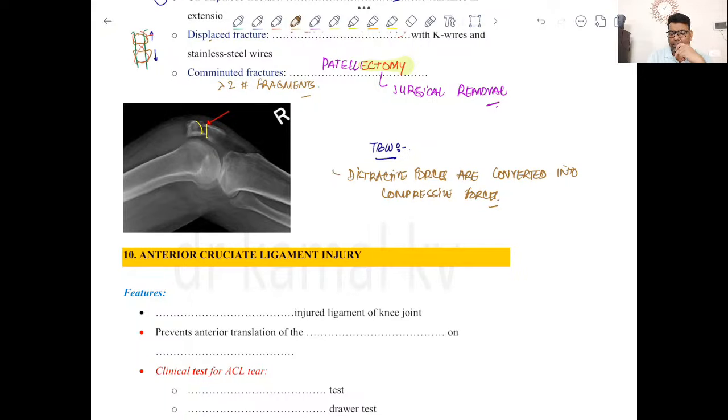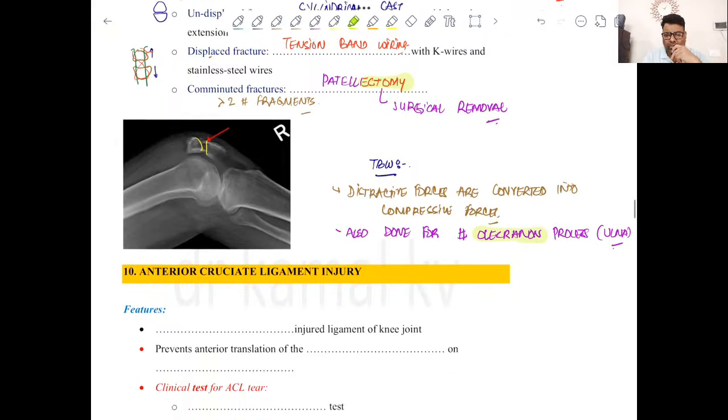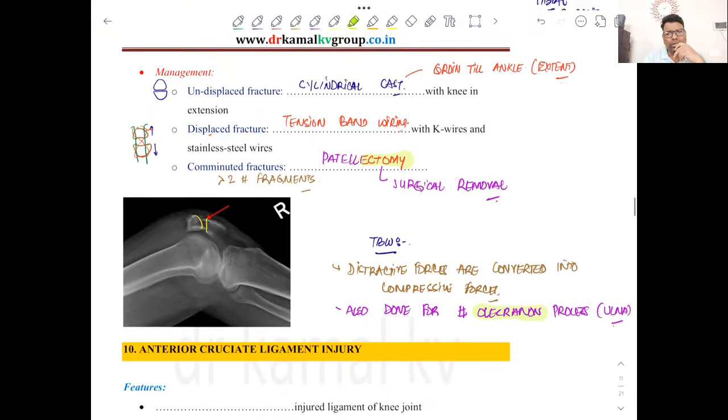So distractive forces are converted into compressive forces, and this is also done for fractures of the olecranon process of the ulna. Clear? We can also do it for fracture of the medial malleolus, but from an exam point of view, just remember the olecranon process as well. So this is in short about fracture of patella.